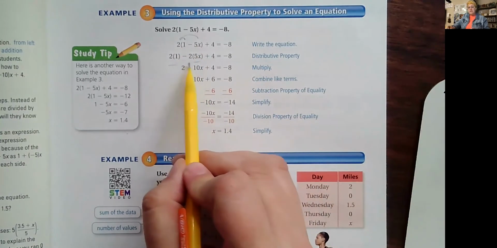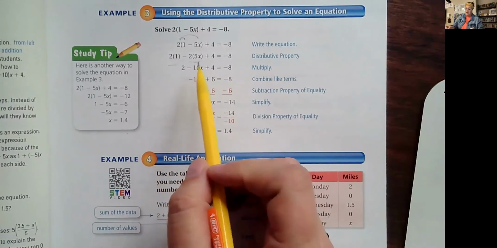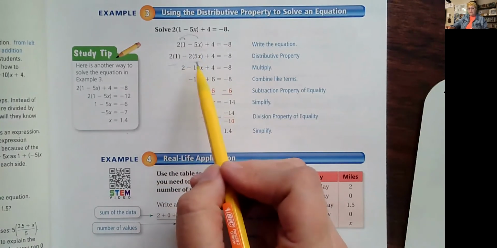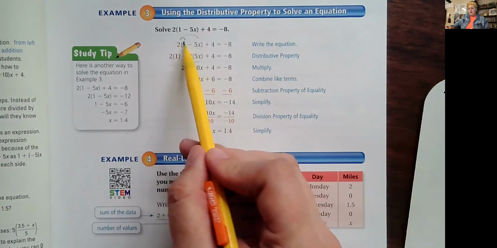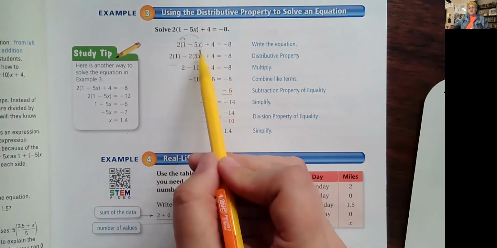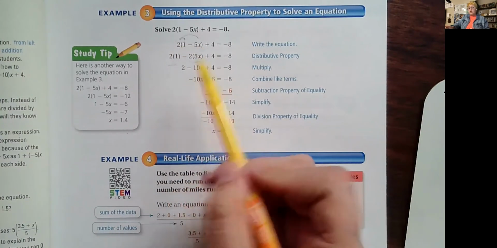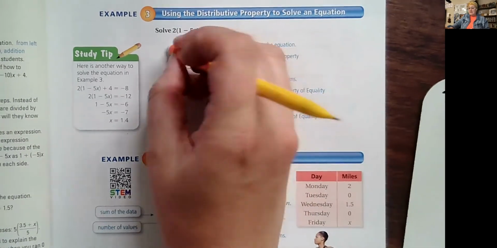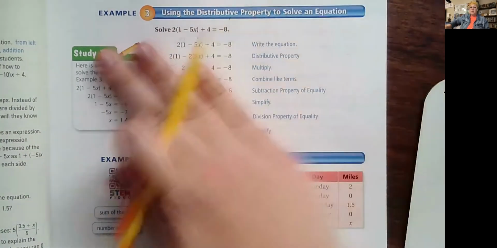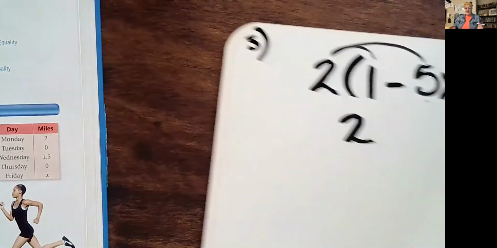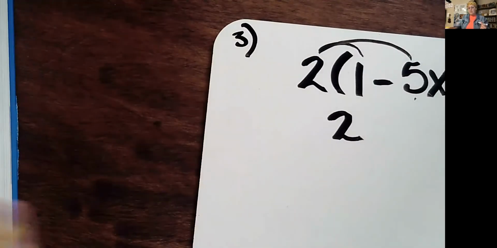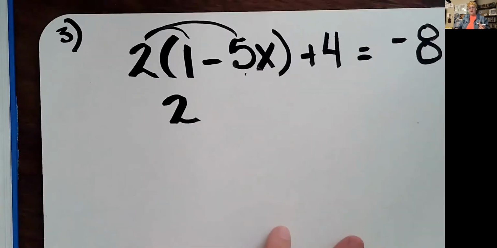But if this makes more sense to you when you look at the book, you can write it fully out this way also: 2 times 1 minus 2 times 5x. Two different methods of getting to the same answer. So when you look at the book, it will look a little different than what I'm doing. Feel free to pause and go back to how I described it or look at the way the book does it. Either way is totally fine.